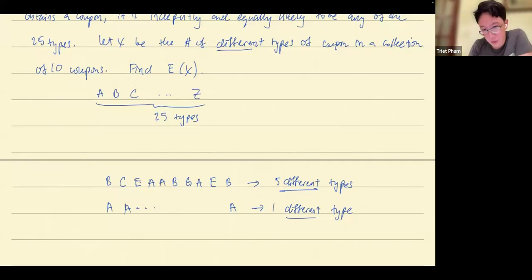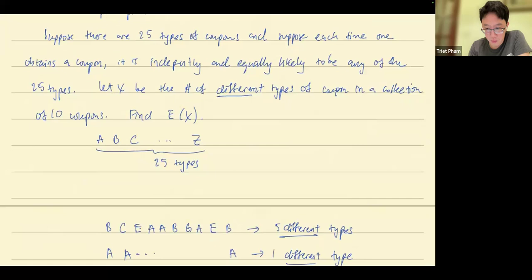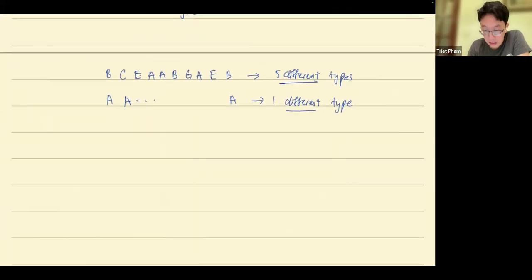So the reason why I list this problem right after the hat problem is because they're both accessible to the same technique, which is indicator function. So now that I tell you that, can you see what kind of indicator function we should use or must we use for this problem?